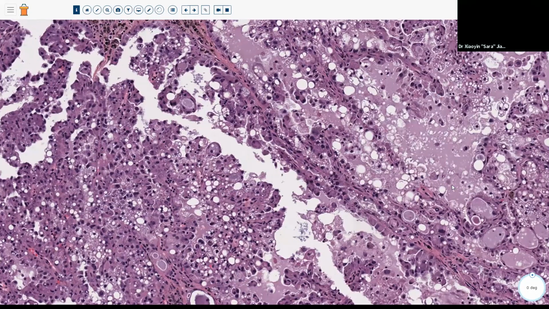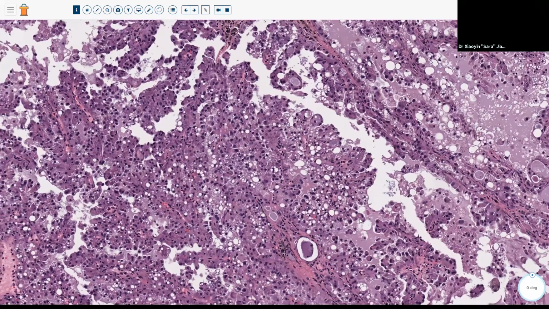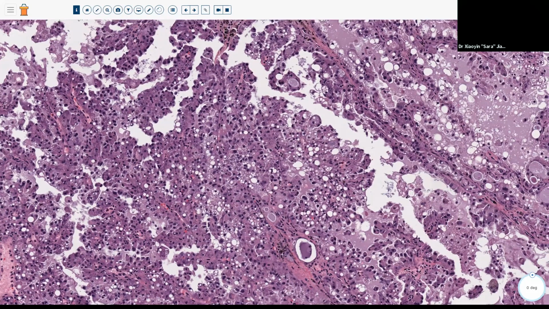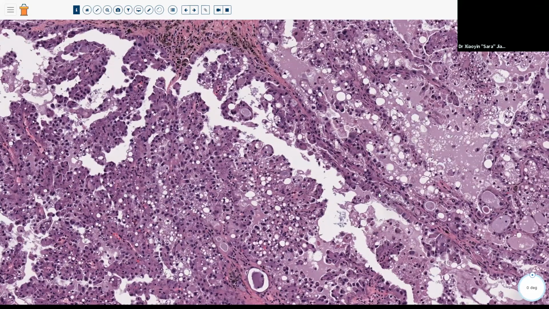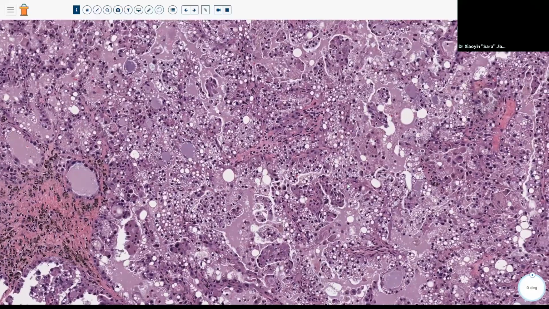This one has a lot of these kind of more microcystic and bubbly areas. These secretions will be positive for PAS with and without diastase. They'll be positive for Alcian blue. And if you do IHCs, these will stain kind of like a breast. They're positive for S100 protein, positive for mammaglobin, positive for GATA3, and these have a characteristic translocation.